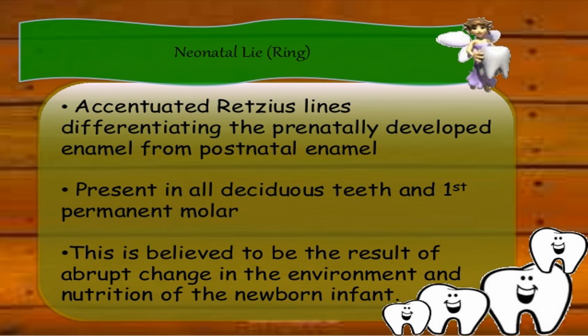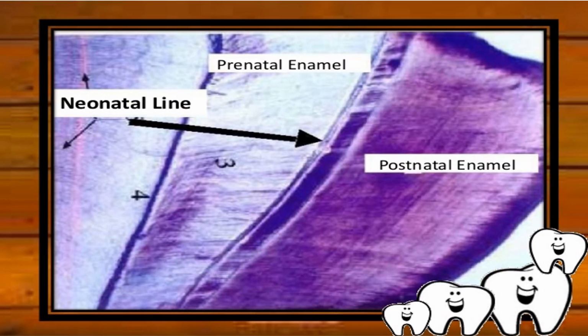Neonatal line is present in all deciduous teeth and in permanent teeth it is present only in the first permanent molar. This is believed to be the result of abrupt change in the environment and nutrition of the newborn infant. In this figure, prenatal line, neonatal line and postnatal line. So what is neonatal line? As you see in this figure, it differentiates prenatal enamel from postnatal enamel.